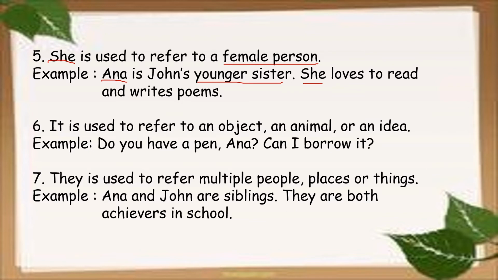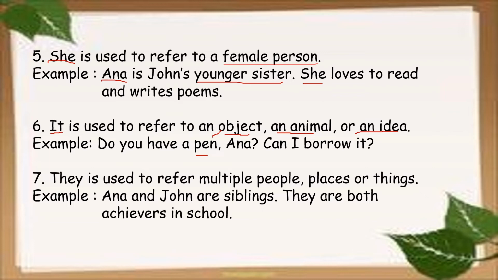Number 6. It is used to refer to an object, an animal, or an idea. Example, do you have a pen? So when we say pen, it refers to an object. Do you have a pen, Anna? Can I borrow it? Okay, so we're talking about the pen.